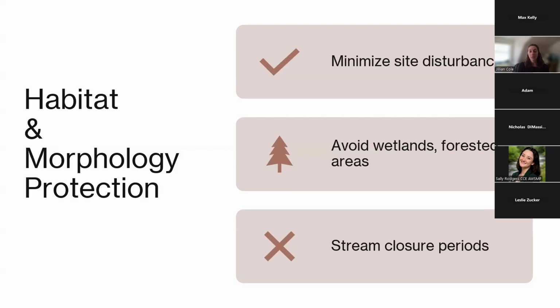This can be done by minimizing the overall site disturbance as much as possible, so only utilizing and disturbing the area that you need to construct the design. Utilize open areas to avoid any tree impacts, and avoid any wetland areas. If you do need to cross a wetland area, that needs to be done in a way to protect that resource, using something like timber matting or something that won't disturb the wetland areas, if that's required.